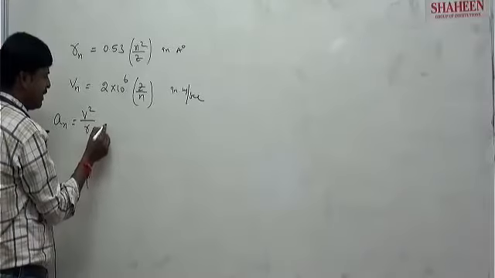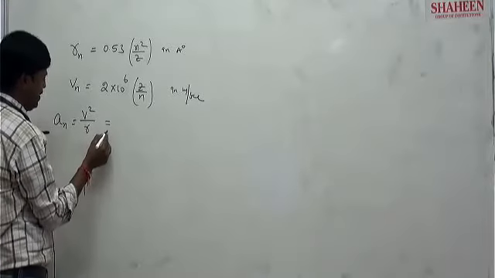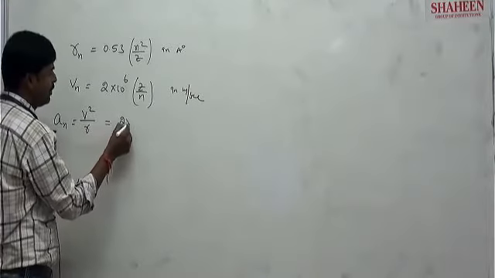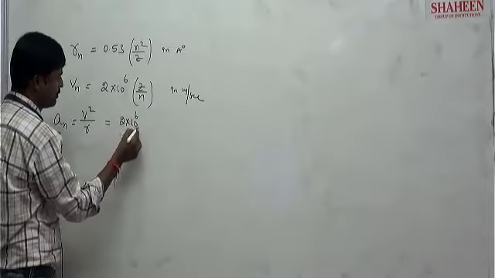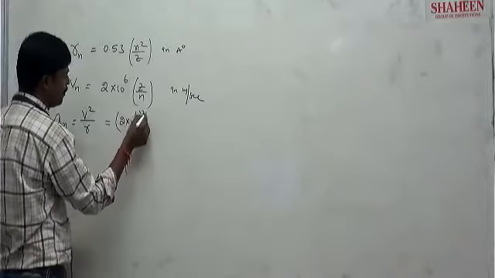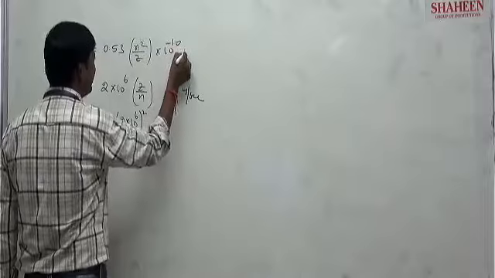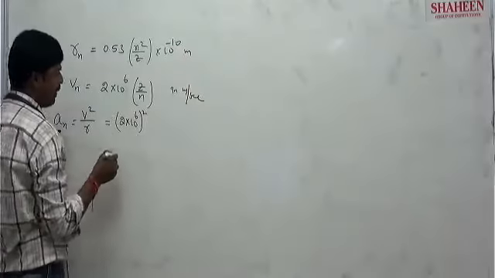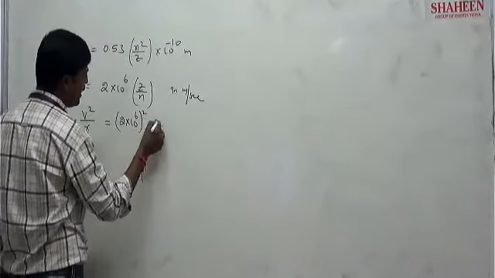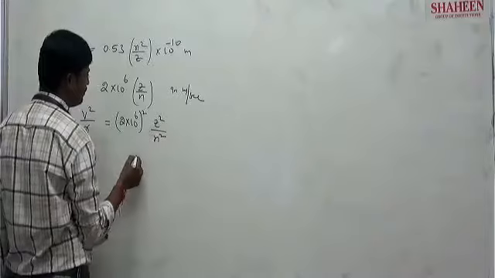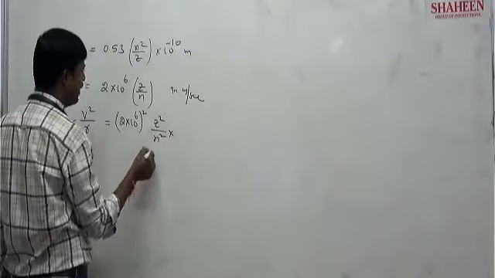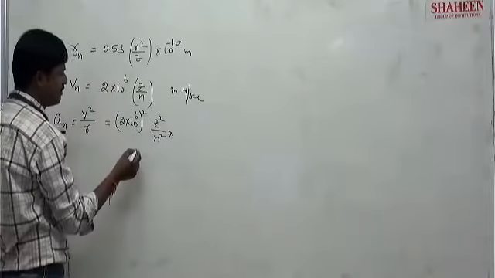Directly I am writing this is nearly V square, 2 into 10 to the power 6 whole square, and I will write 10 to the power minus 10 instead of writing angstrom. So whole square into z square by n square by r. R means 0.53.